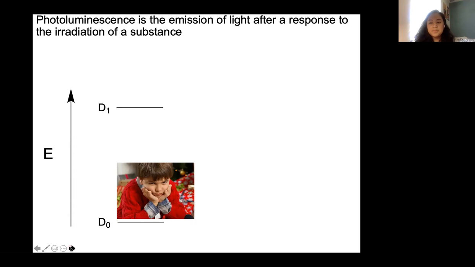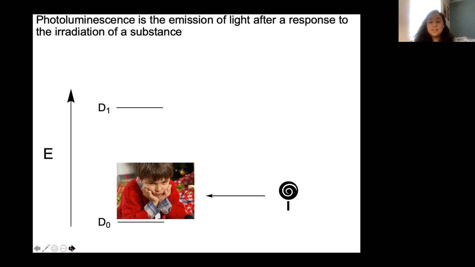So there are several types of photoluminescence. And the first type is the most regular general kind. This sad kid in the ground state, probably because he's grounded, has a neutral, no charge, nothing going on with him. He represents an electron, and this electron is in the ground state, neutral, just nothing going on.